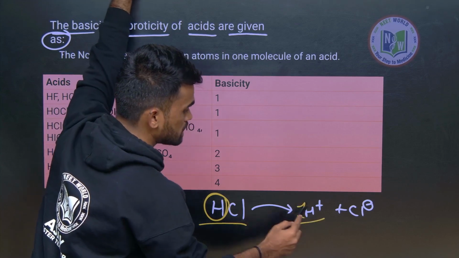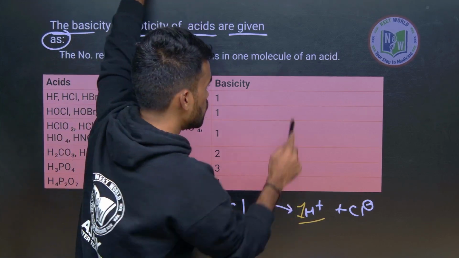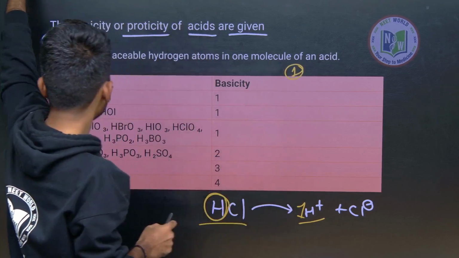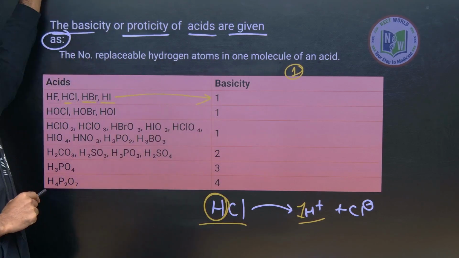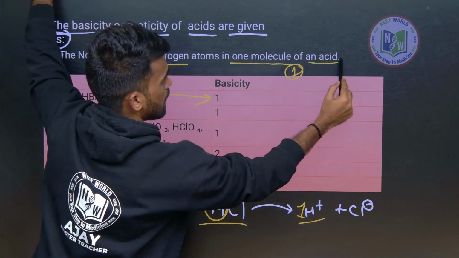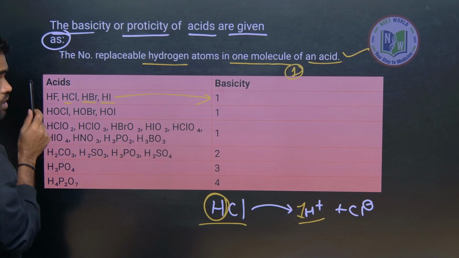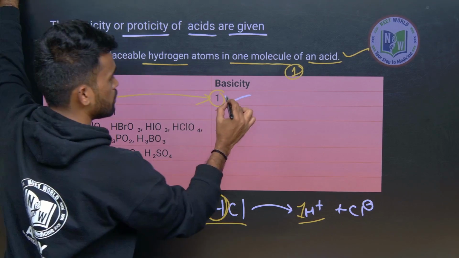One, right? So its basicity or protocity is 1. Like that, HCl, HBr, HF all give 1 H+ ion. So from 1 hydrogen atom in 1 molecule of an acid, their basicity is considered as 1. I hope it is clear now.